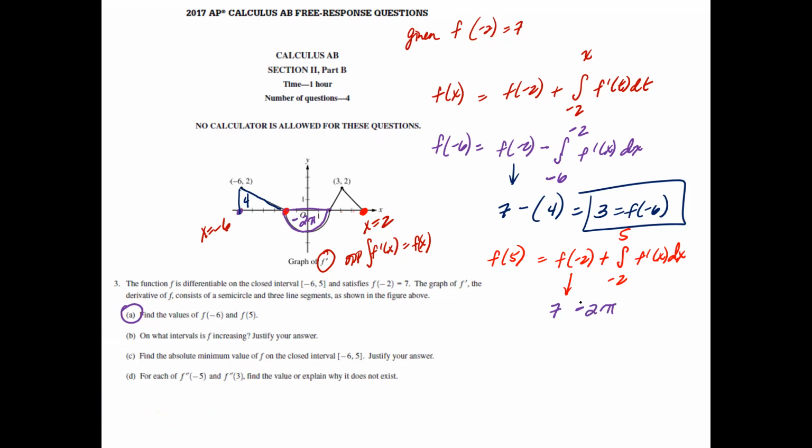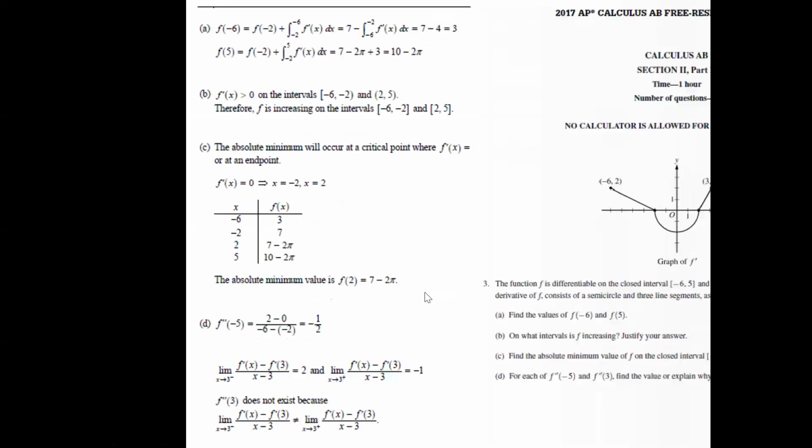And then you also have, from +2 to 5, this triangle, which was area 2 that we found, and we determined that to be 3. So then altogether, f of 5 is 7 plus 3 is 10 minus 2 pi. And that's your answer for part A.